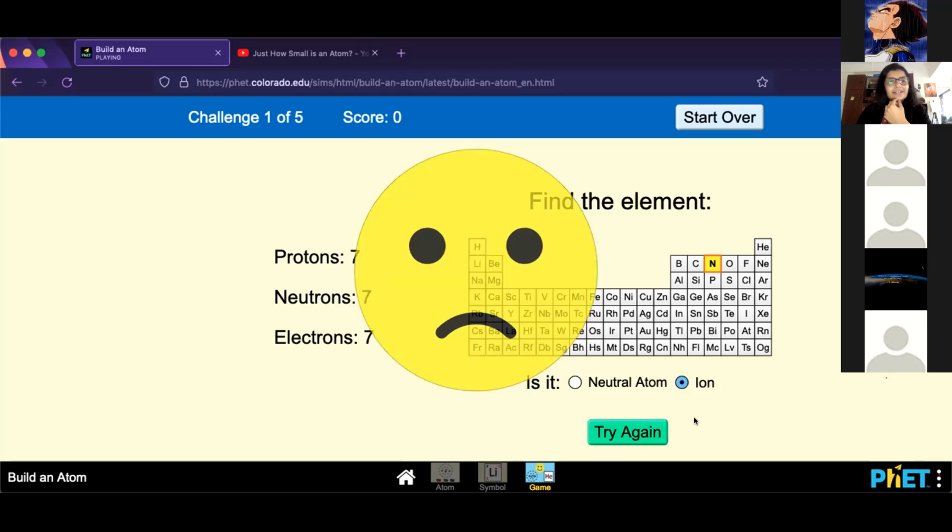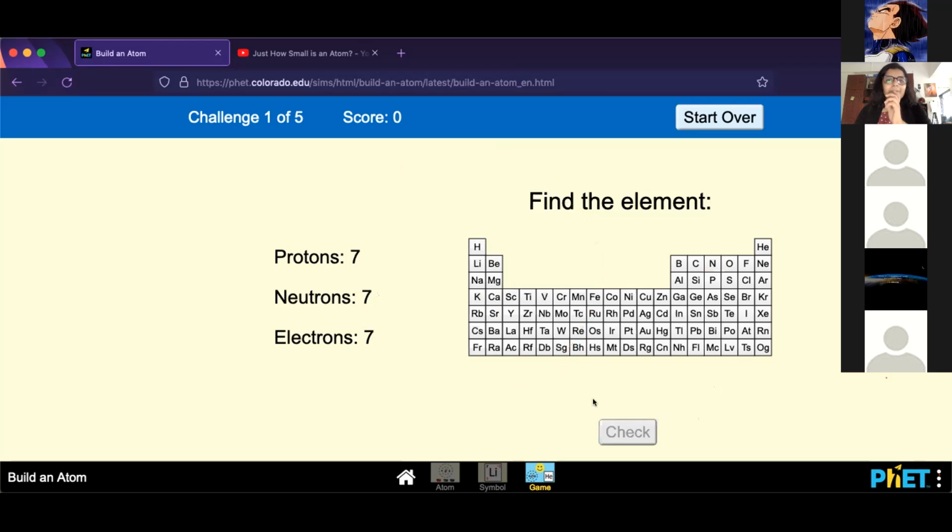Guys, what is an ion? Ma'am, it has a charge. Positive or negative charge? Right. और यहाँ पे कोई charge है क्या?